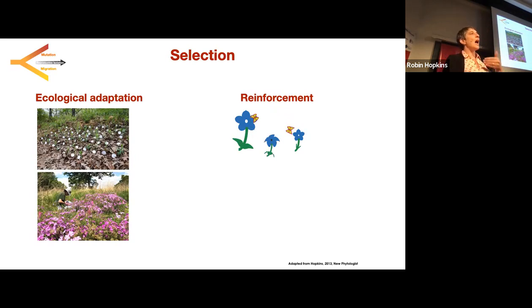That sad hybrid is going to decrease the fitness of the parents and thus generate selection favoring any trait that reduces hybridization. So imagine now one of these evolves a new trait that, say, attracts a different pollinator, so that these two species have different pollinators and they don't reproduce.